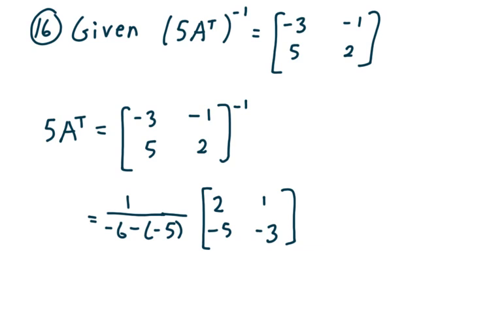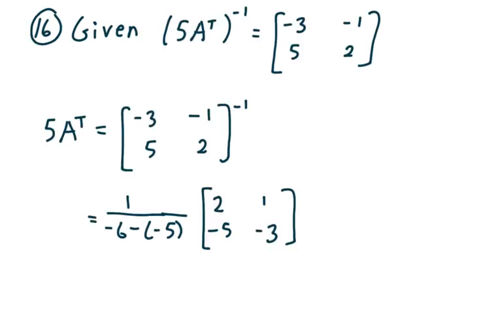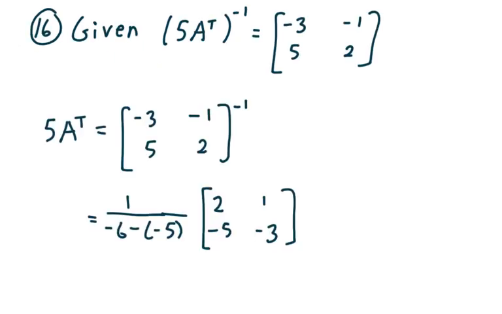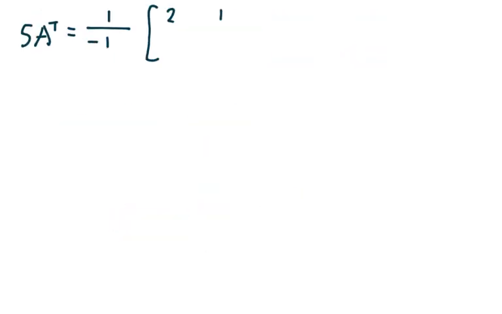Okay? And so, therefore, 5A transpose is 1 over -1. That's what -6 minus a -5 is, times the matrix 2, 1, right? That's the first row. -5, -3 is the second row.